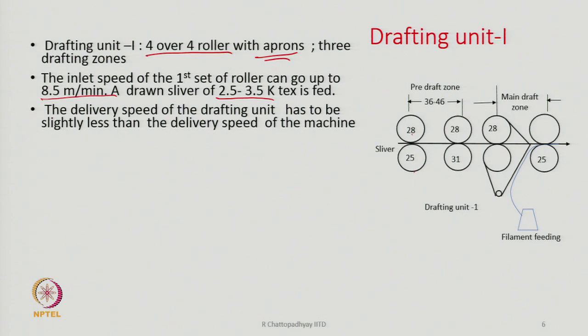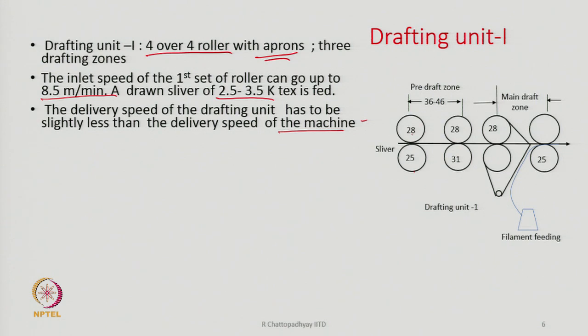Generally 2.5 to 3.5 kilotex slivers are used, little finer slivers. The delivery speed of the drafting unit has to be slightly less than the delivery speed of the machine. So, this is basically a high draft, high speed combination.